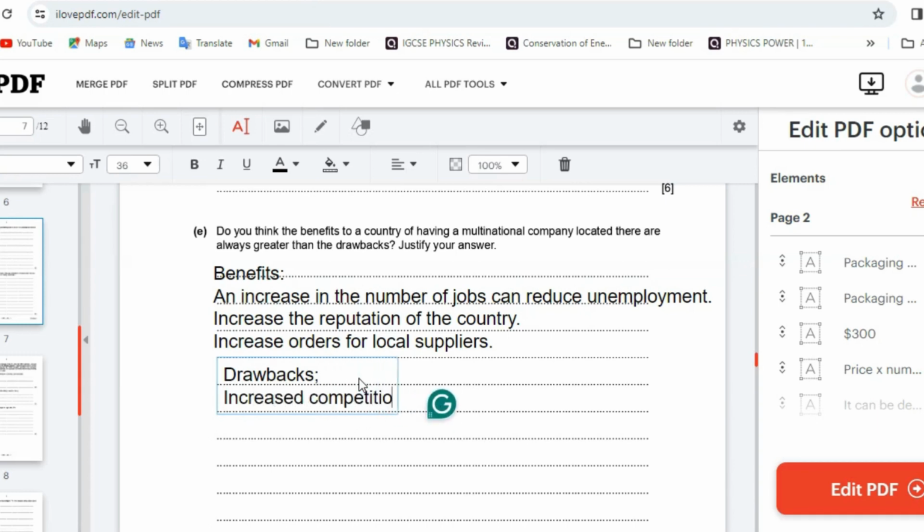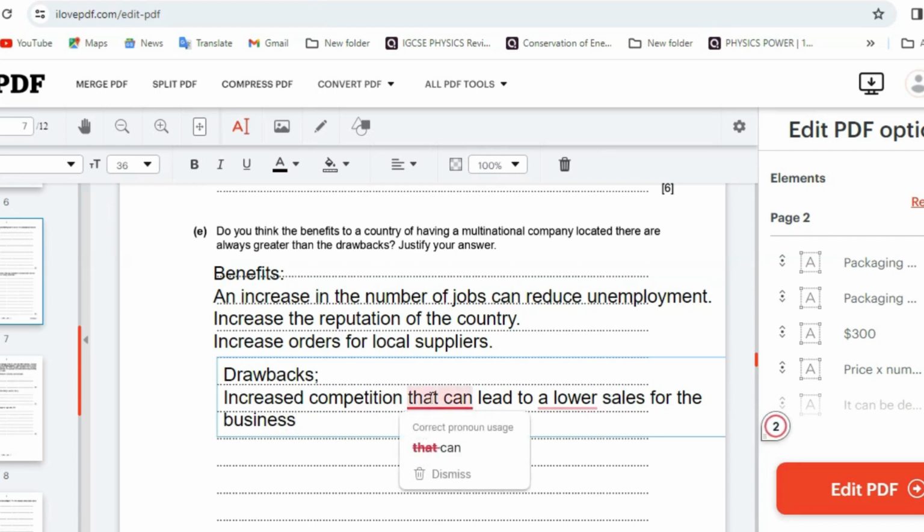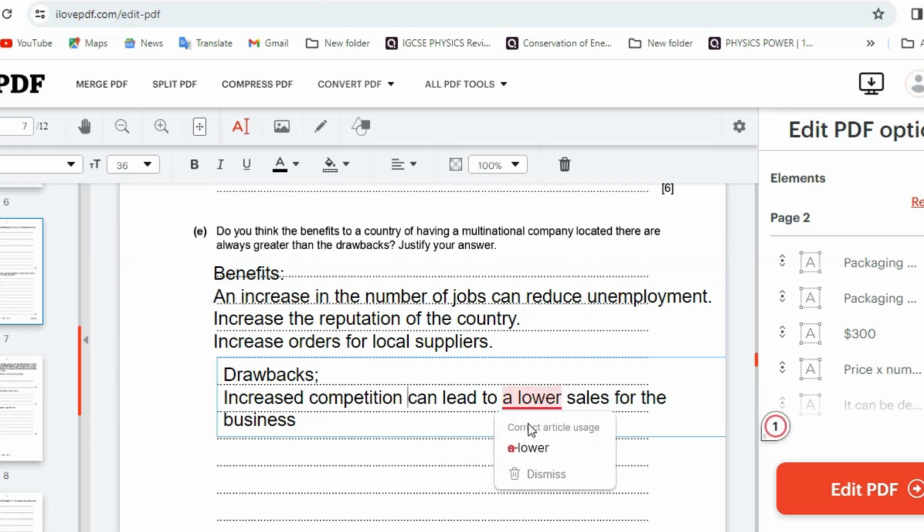That can lead to lower sales for the local business. Or this can also force them to reduce their price, and that will also reduce their revenue.